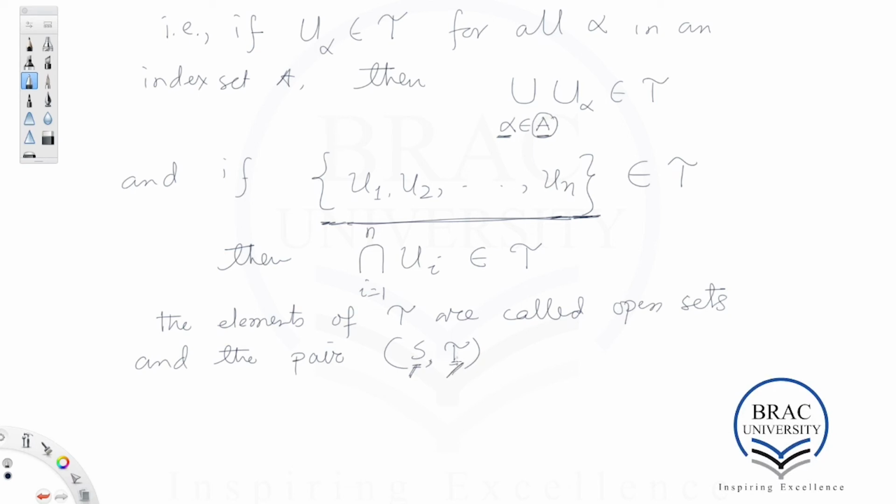If all of these are obeyed, then this pair is called a topological space.